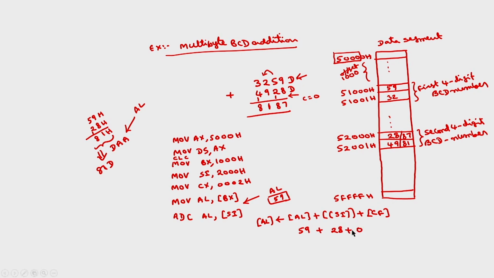Okay. So these three will be added and the result will be stored in AL. So what will be there in AL? This will be 81 because this will assume hexadecimal, but the correct actual decimal result is 87. So to get that, after this you have to write DAA, so that in AL you will get 87.